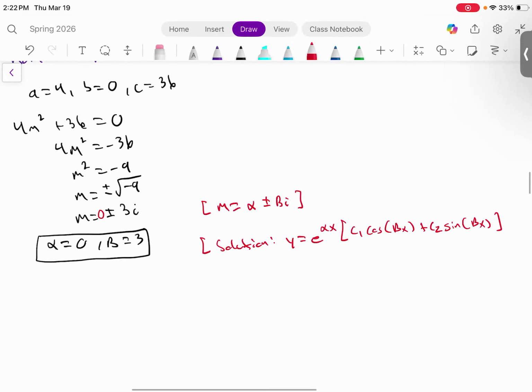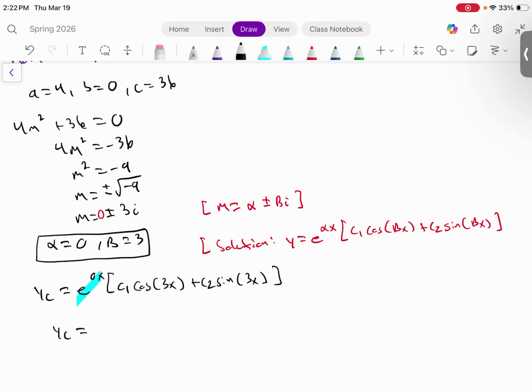So my complementary solution is e to the 0x times c1 cosine of 3x plus c2 sine of 3x. And e to the 0 is just 1.